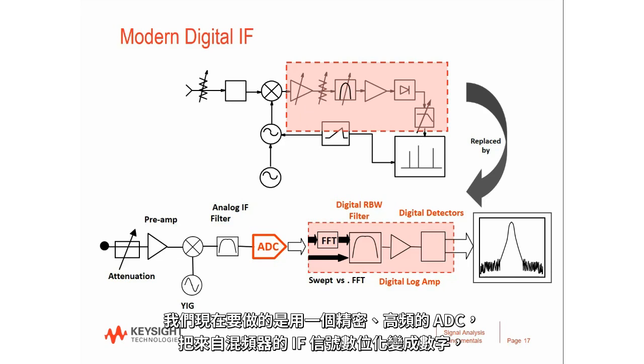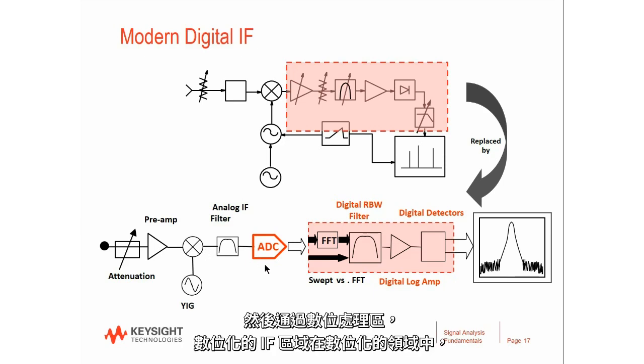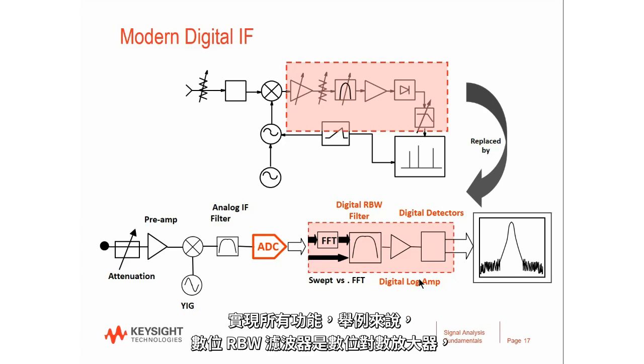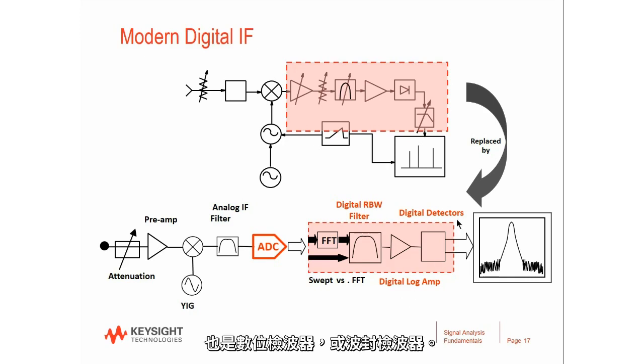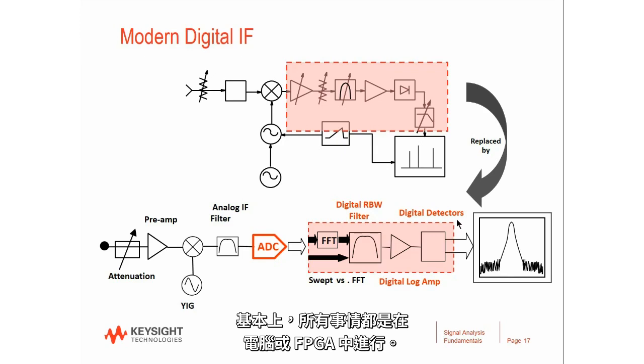What we're going to do now is, with a precision high-frequency ADC, digitize the IF signal coming from the mixer, turn it into digital words, and now pass that through a digital processing section, a digital IF section that implements all these functions in the digital domain. For example, a digital RBW filter, a digital log amp, and also digital detection or envelope detection. All these things happen now in basically a computer or an FPGA.